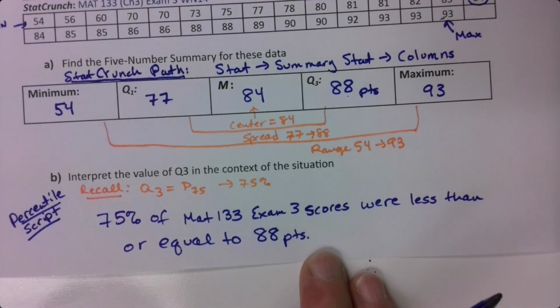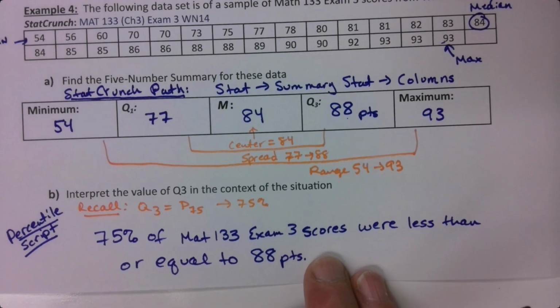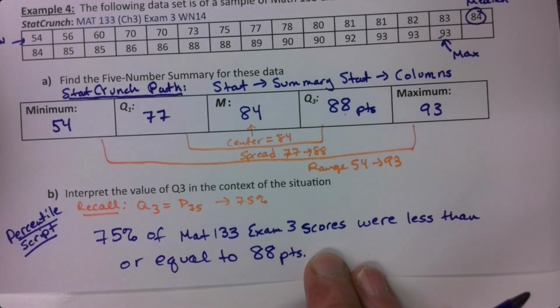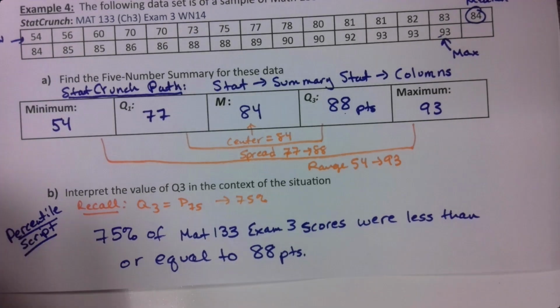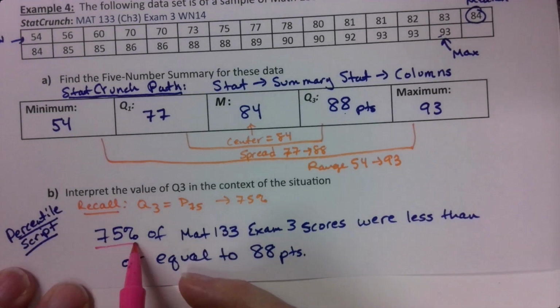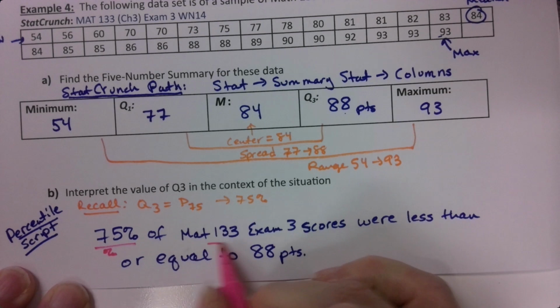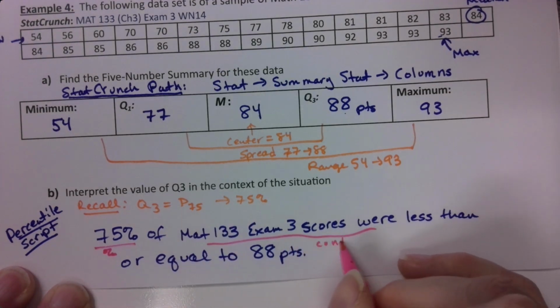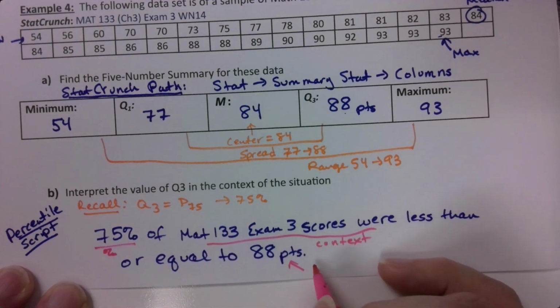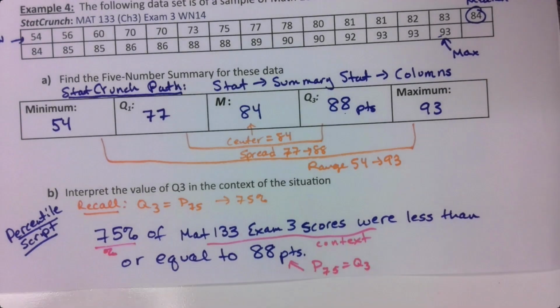So it's the percentile script, right? It's just that the Q3 is a percentile. Q3 is the 75th percentile, right? So you use this percentile script and you just interpret it for this problem. So there's the percentage, there's the context, and there's the value, right?